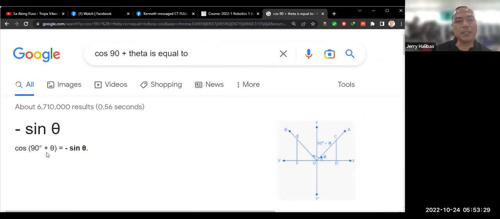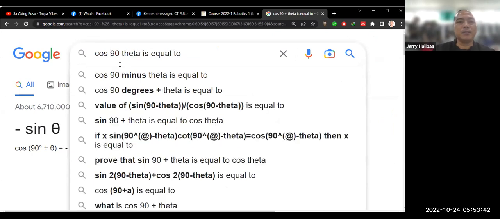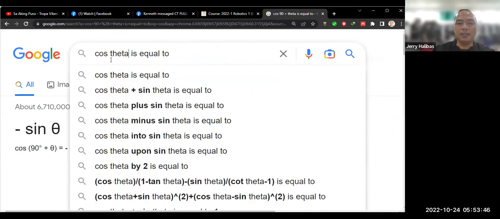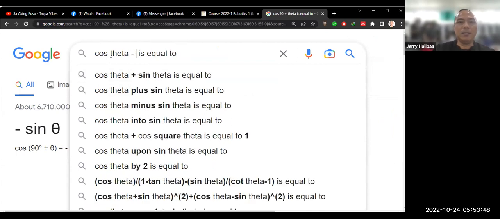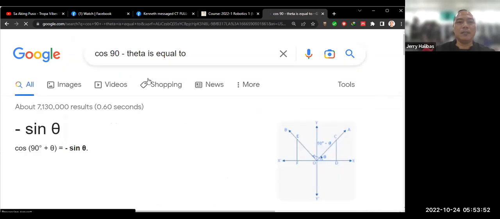Cosine 90 degrees plus theta is actually equal to negative sine. So when it is theta minus 90, minus 90. So this plus flips.